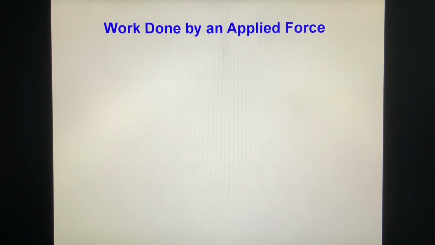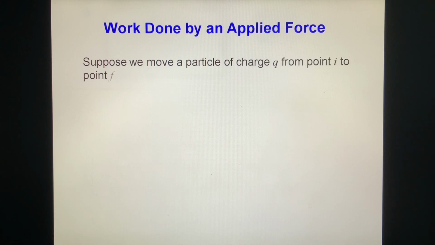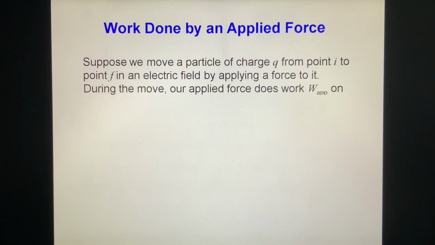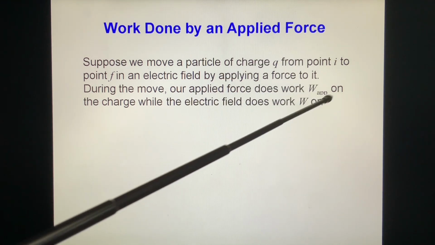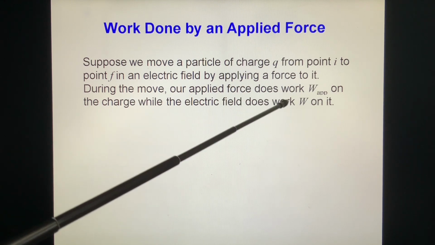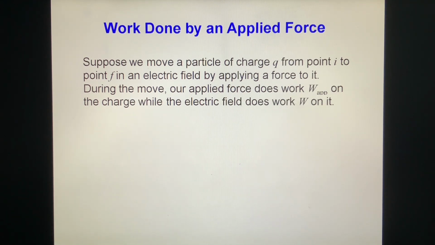Work done by an applied force. Suppose we move a particle of charge Q from point I to point F in an electric field by applying a force to it. During the move, our applied force does work W applied on the charge, while the electric field does work W on it. They happen at the same time.